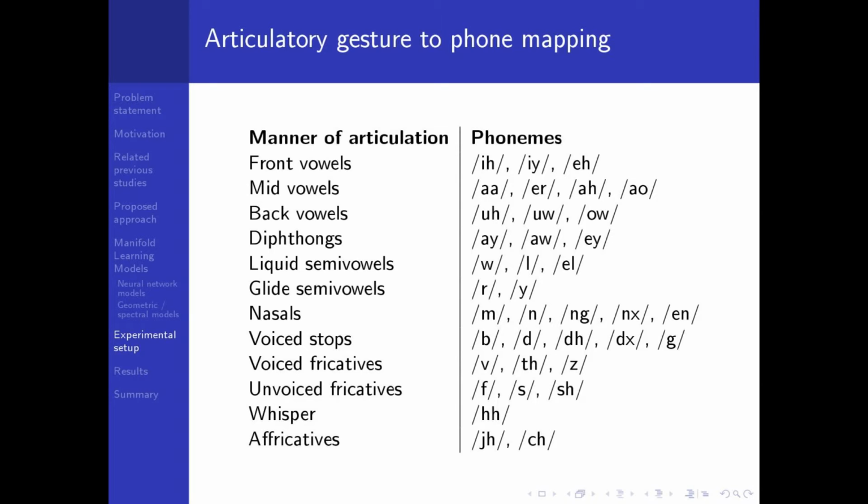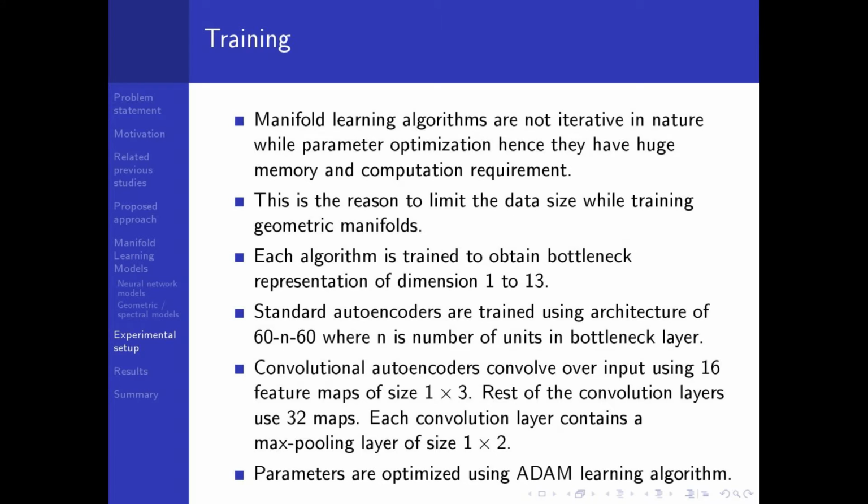We experiment with different architectures of convolutional autoencoders, but we obtain the best result when we use 16 feature maps followed by 32 feature maps, each of size 1 by 3, and a max pooling of 1 by 2. The weights are optimized using the Adam learning algorithm.